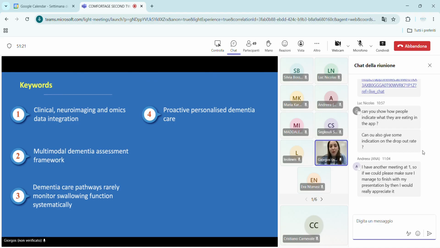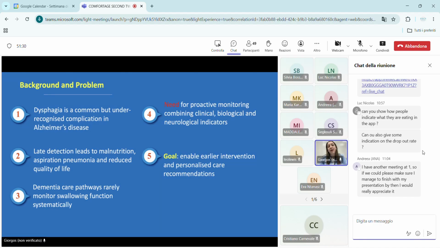We also want it to be proactive, which will allow us to have proactive, personalized dementia care.